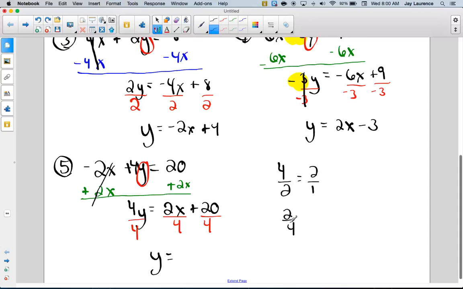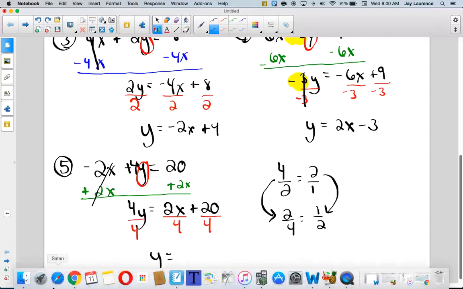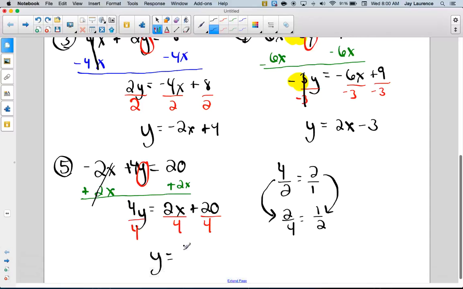Well, this is the reciprocal, right? The reciprocal of 4 over 2 is 2 over 4. The reciprocal of 2 over 1 is 1 over 2. So it is not okay to get that wrong. It is too easy. 1/2 x, 20 divided by 4 is 5.